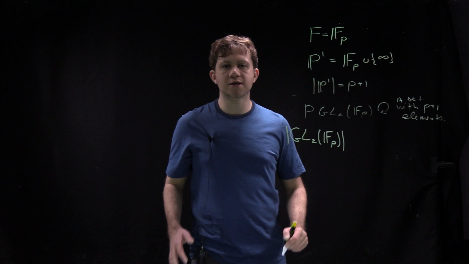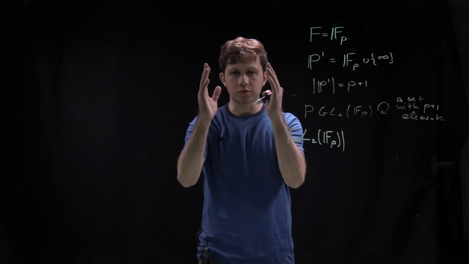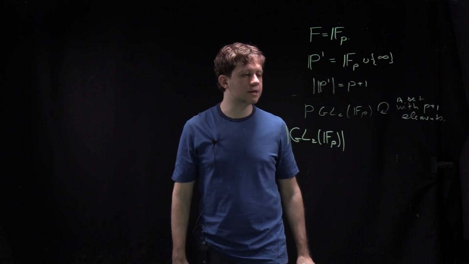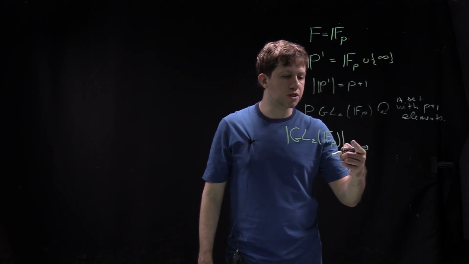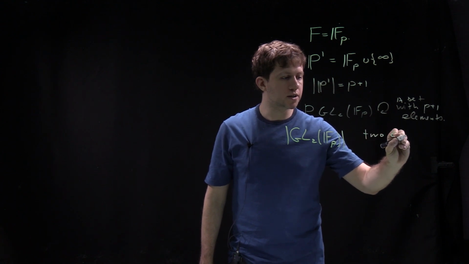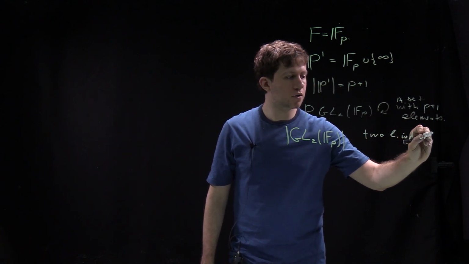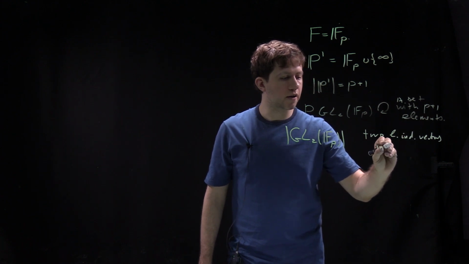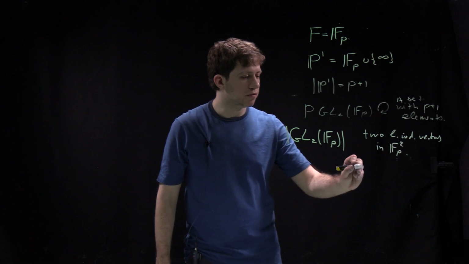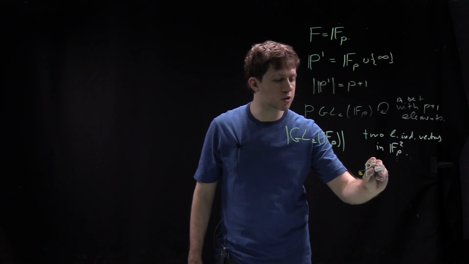Last time we did this for PGL2 of F2 and we looked at 2 by 2 matrices and actually counted them, but it's much simpler to say that you just need to choose 2 linearly independent vectors in Fp squared. And how many choices are there? For the first one, you have p squared minus 1 choices.